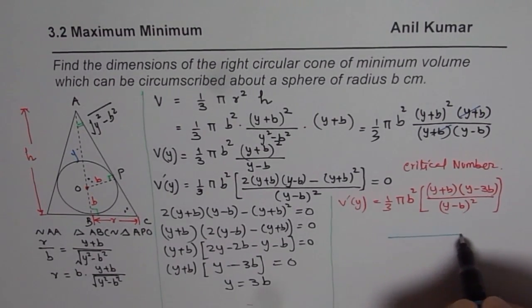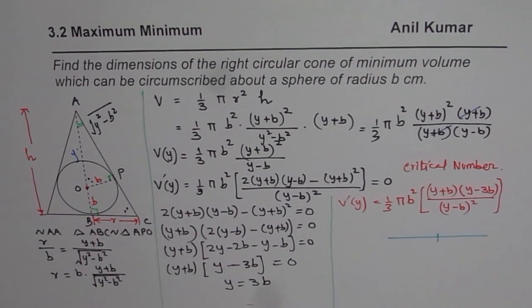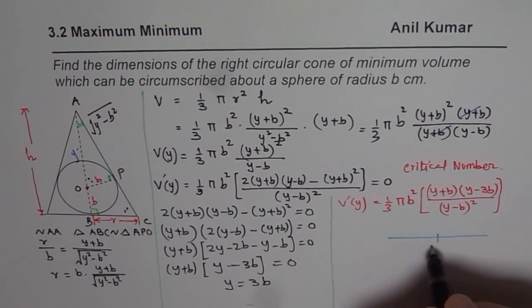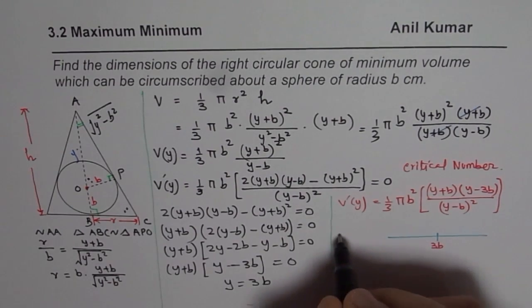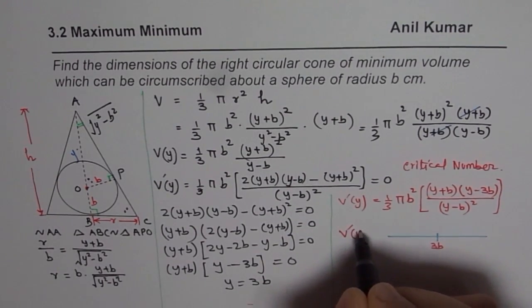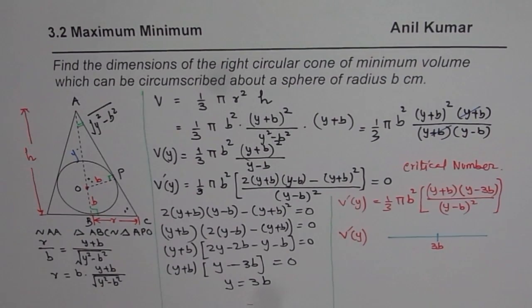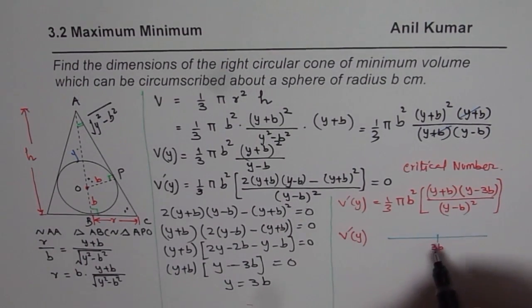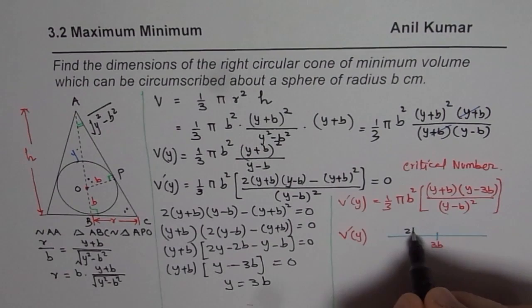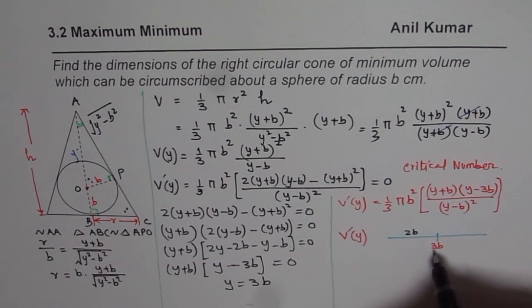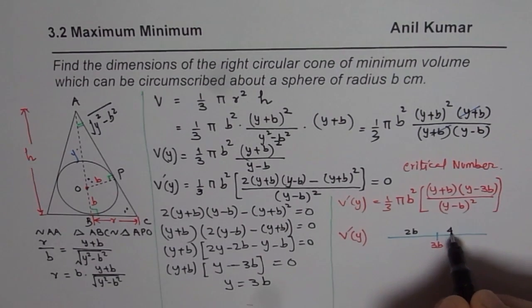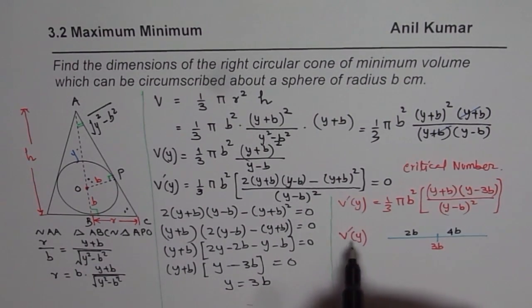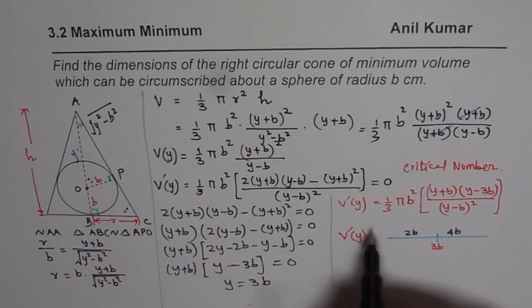So let's take a point. This is our critical number, which is 3b, right? We're trying to analyze the rate of change of volume with y. Now, if the y value is less than 3b, let us say that y is 2b, or if it is more than 3b, let us say it is 4b, what happens to the derivative?